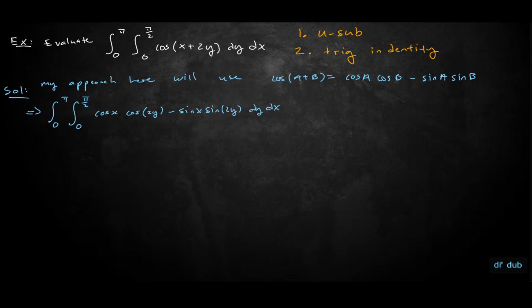Now, just integrate with respect to y. So this is going to be the integral from 0 to pi. And integrate with respect to y. Well, cosine x is like a constant. Integral of cosine 2y is going to be 1/2 sine of 2y, and that's going to go from y equals 0 to y equals pi over 2.